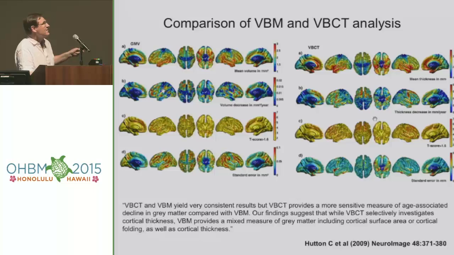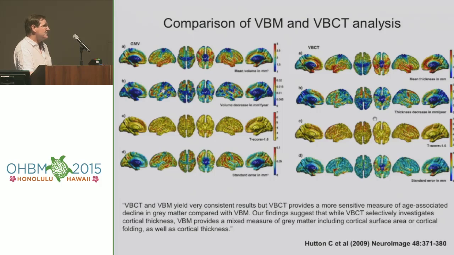And when she compared voxel-based morphometry and voxel-based cortical thickness analysis, the conclusion was that VBCT and VBM yield very consistent results, but the cortical thickness approach provides a more sensitive measure of age-associated decline in gray matter compared with VBM.